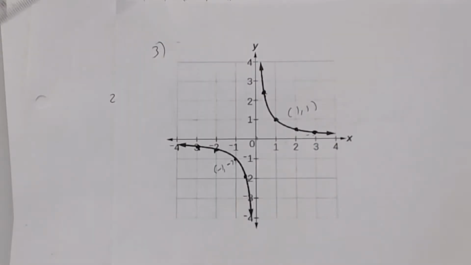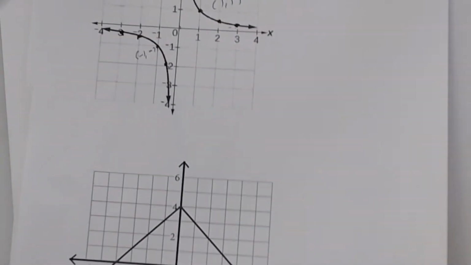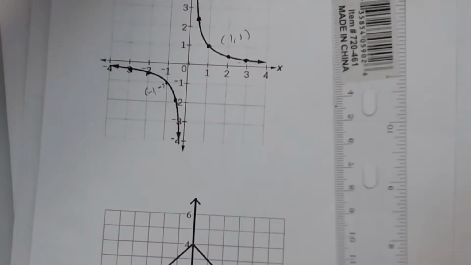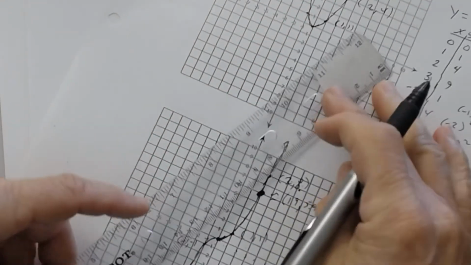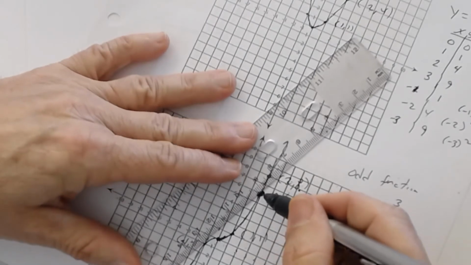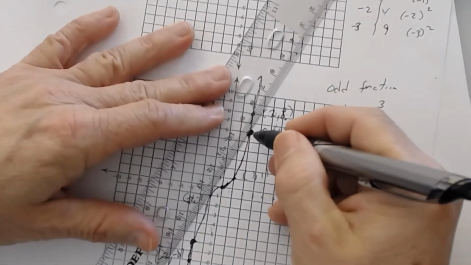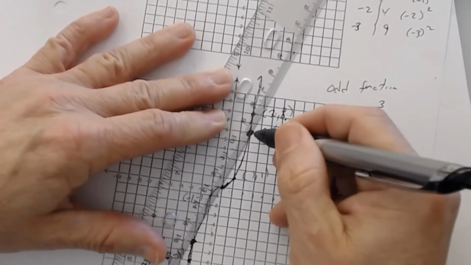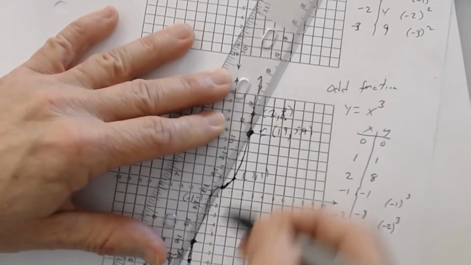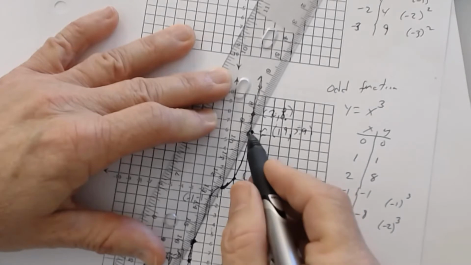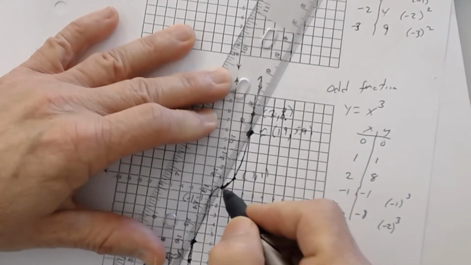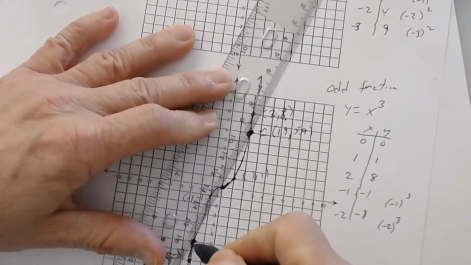So if I go back to the one where we drew the function x cubed, and look at this in terms of the ruler then, see this point right here? Here's the origin, make it go through the origin. The ruler touches the graph here. Y'all see where it touched the graph here? So is this distance from here to the origin the same as from here to here? Yes.